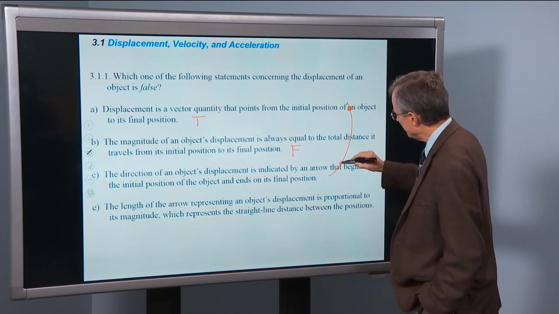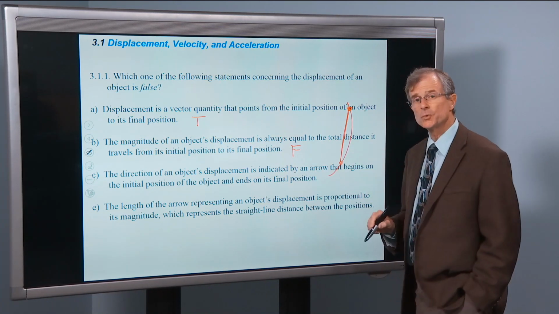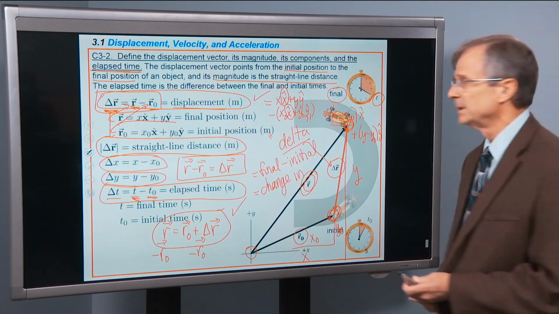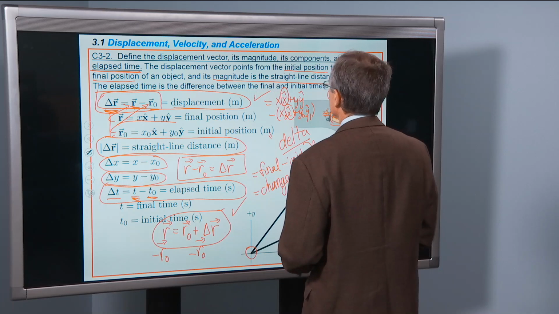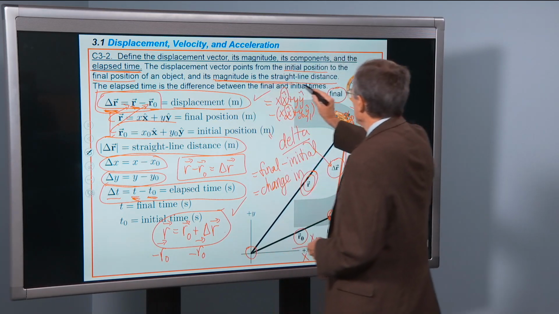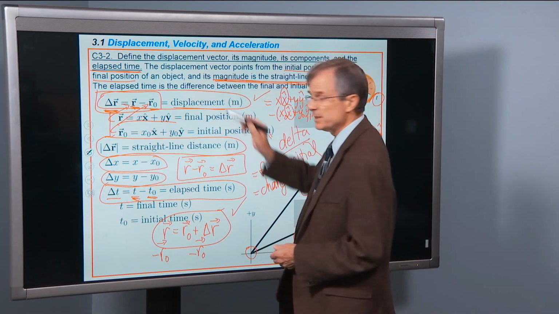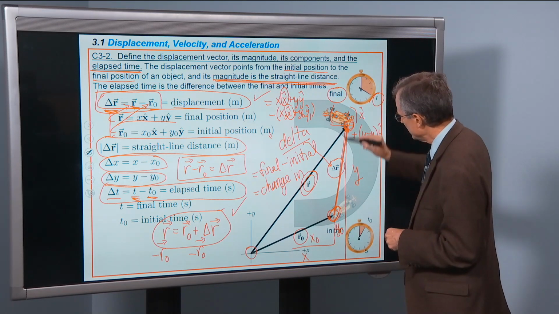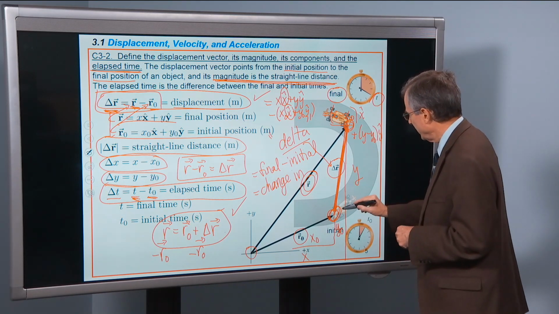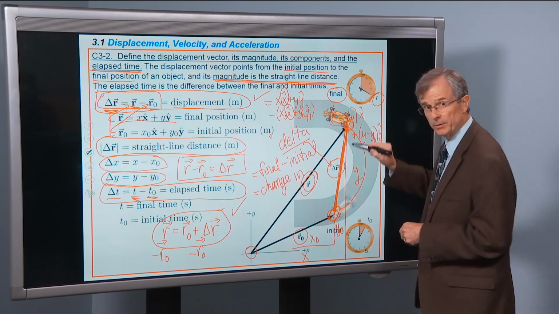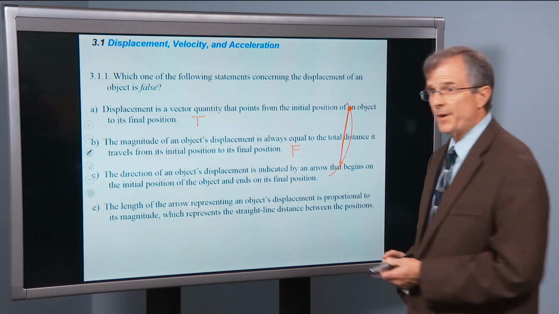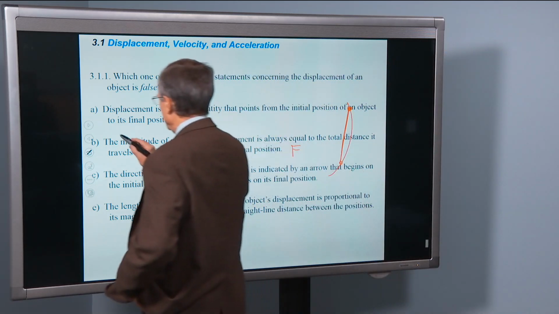The displacement vector measured the straight line distance between those two. The magnitude of the displacement vector is the straight line distance as the crow flies between this initial position and this final position. It's along that line. It's not the actual distance it's traveled. It's a straight line distance. So that one, in fact, is the false one, and that's the one we're looking for.